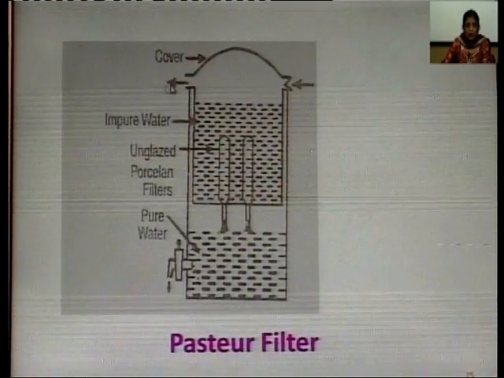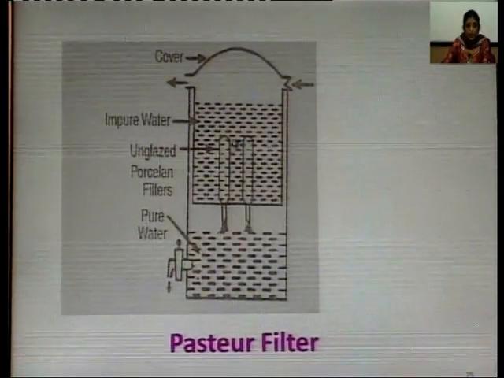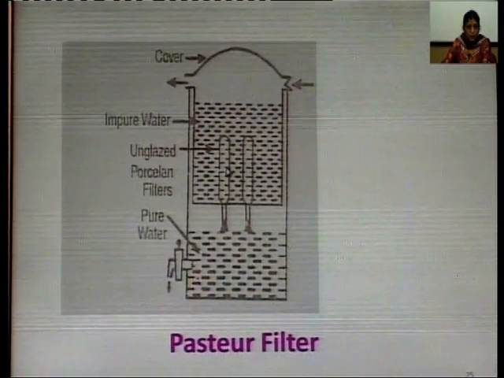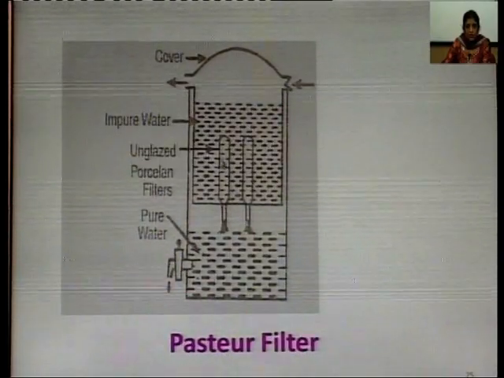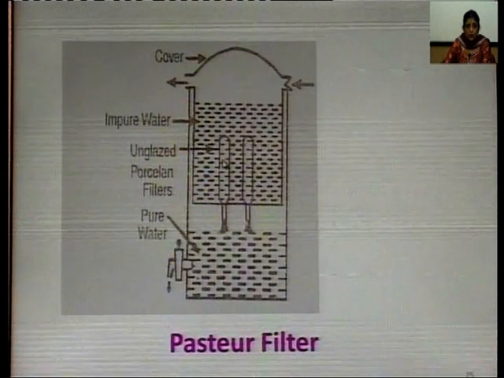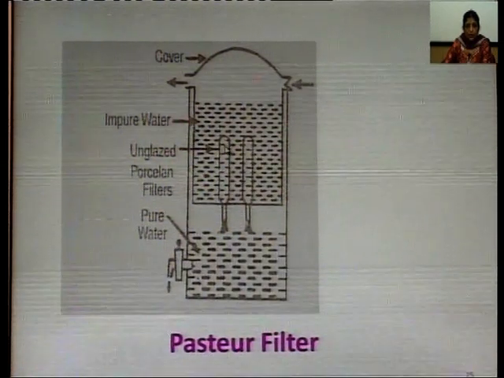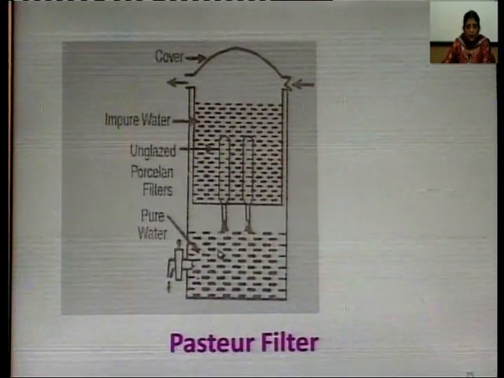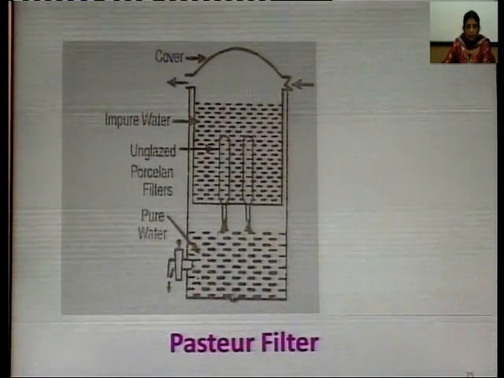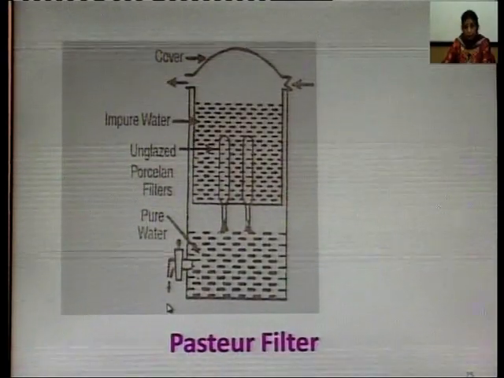From the top we can add impure water, and the impurities remain outside these tubes, whereas clear water can enter through the pores of these tubes, which are of unglazed porcelain, and clear water can be collected at the bottom of this filter from where it is taken out.